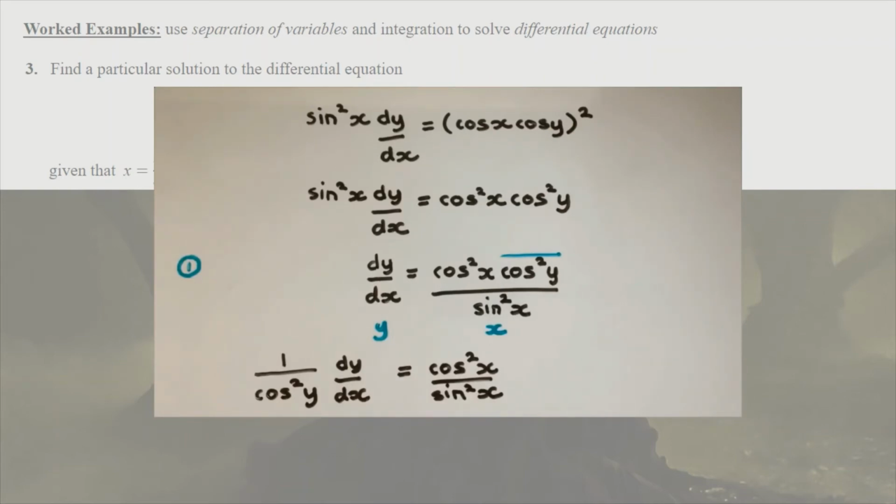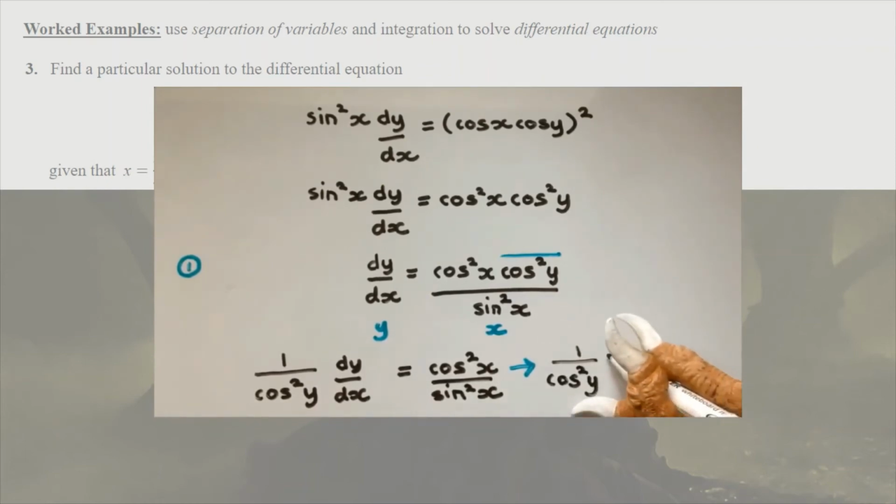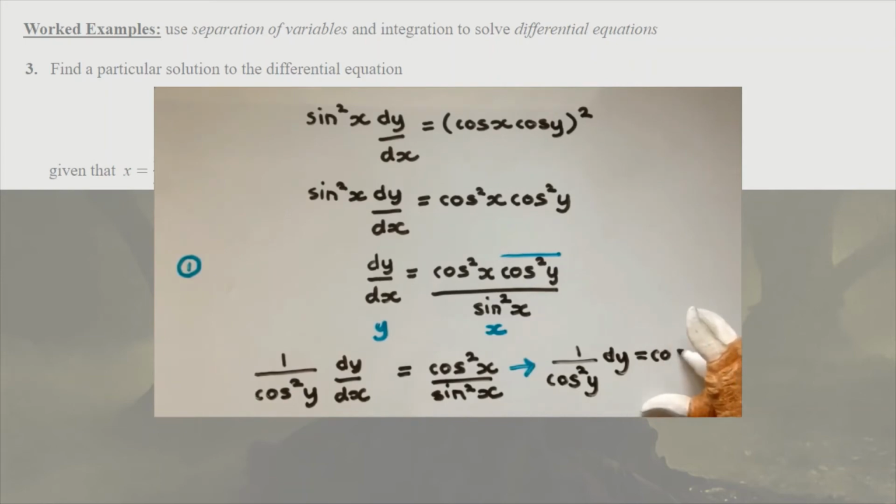All I need to do now is ensure that the dx is also on the right hand side. So just to finish that little bit off, this is going to become 1 over cos squared y dy, which is equal to cos squared x over sine squared x dx.